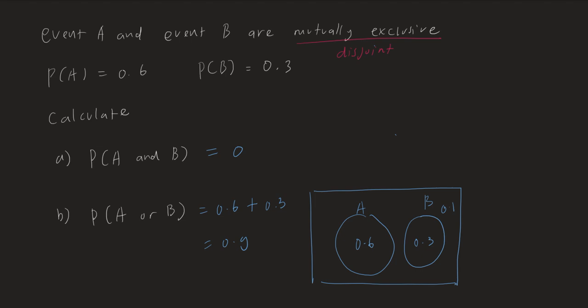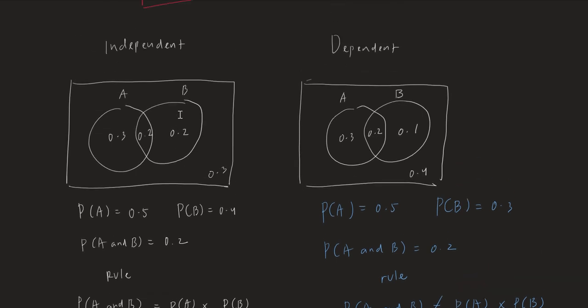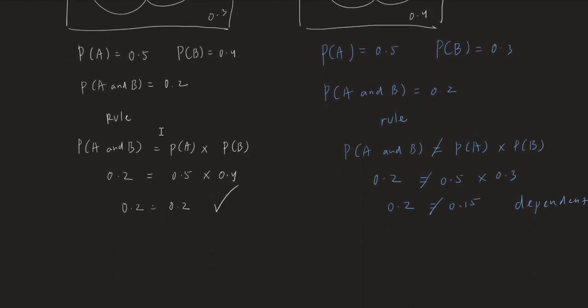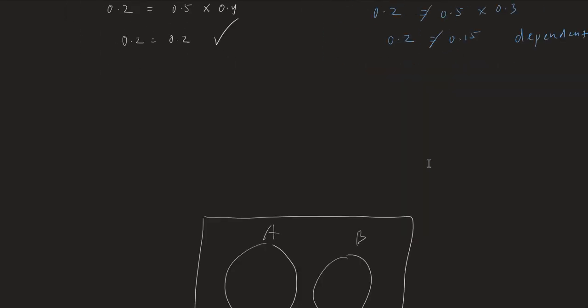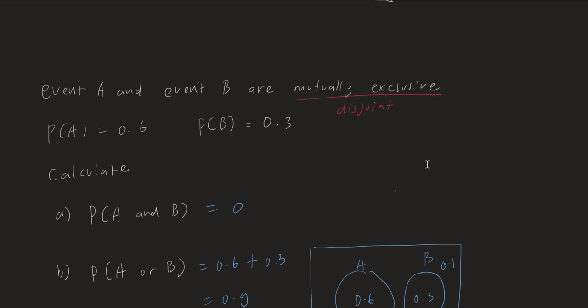So independent or dependent will always have intersections. And independent will fulfill this equation, while dependent does not fulfill this equation. Okay. Let me see. Intersecting.